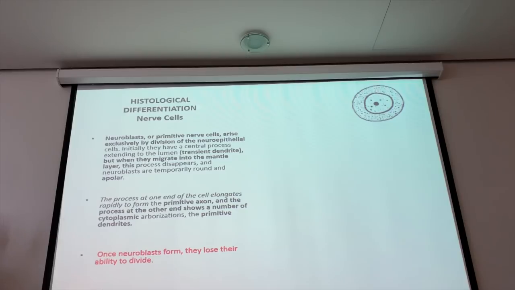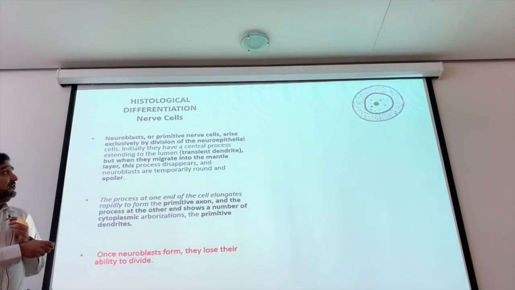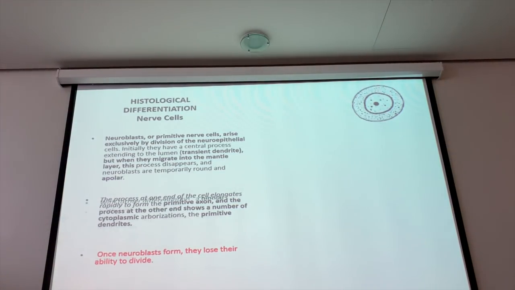Now this is showing you the histogenesis. So initially you have a neuroblast, which is like this, which is coming from the neuroepithelial cells. Then it is going to develop processes and it will become bipolar. So now it has one process here and one process here.